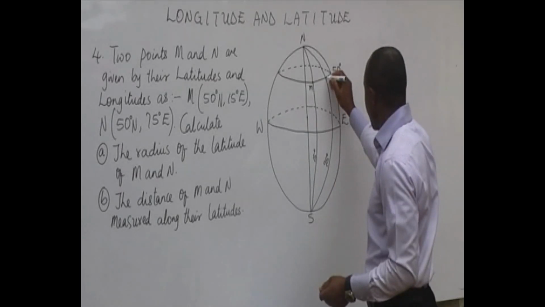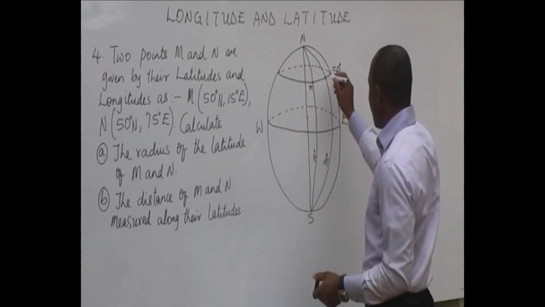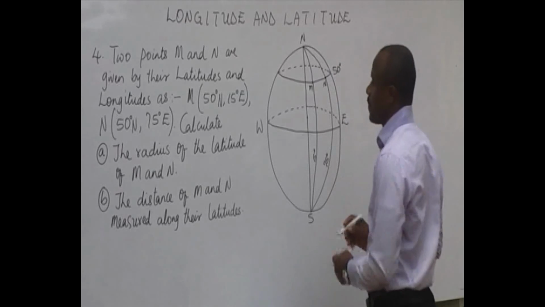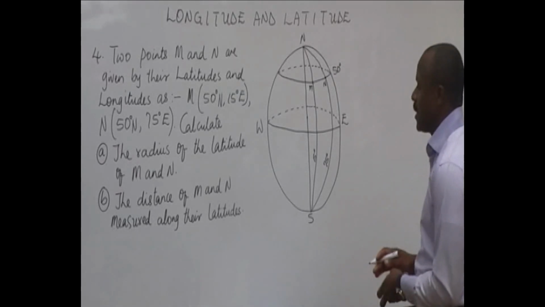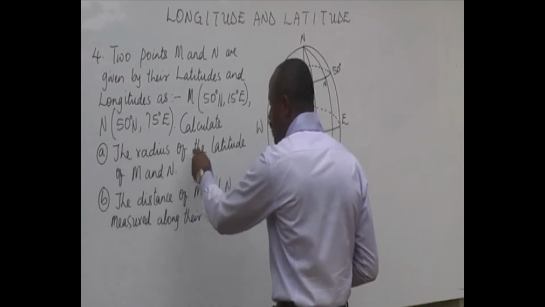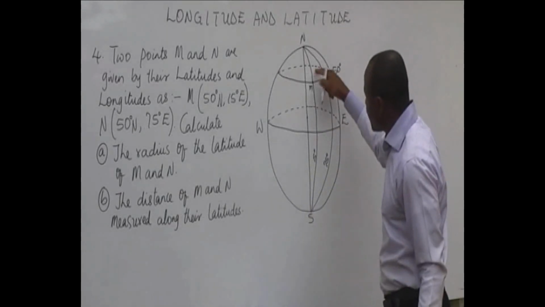So this point here, the point of intersection of the line of longitude with the line of latitude, is now going to give us our N. Okay, now the first question says we should calculate the radius of the latitude of M and N. The radius of this latitude.